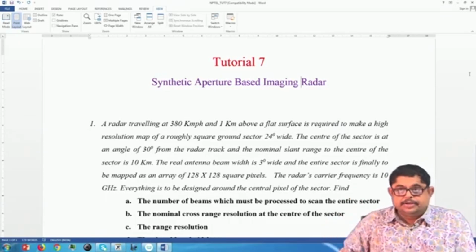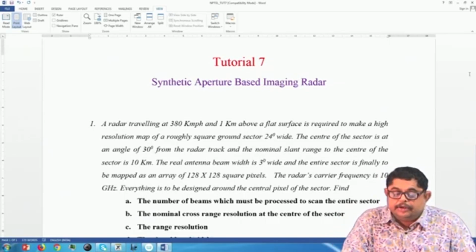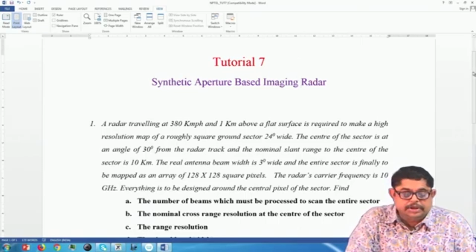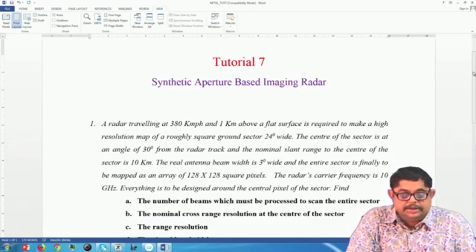Track means the direction locus of the aircraft or radar, and the nominal slant range to the center of the sector is 10 kilometer. The real antenna beam width is 3° wide, and the entire sector is finally to be mapped as an array of 128 by 128 square pixels.